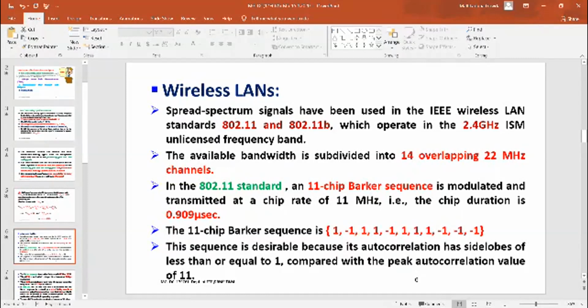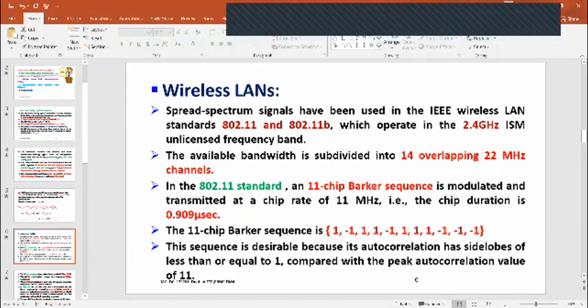This particular sequence is used because it has an autocorrelation with side lobes of less than or equal to 1, compared with the peak autocorrelation value of 11.